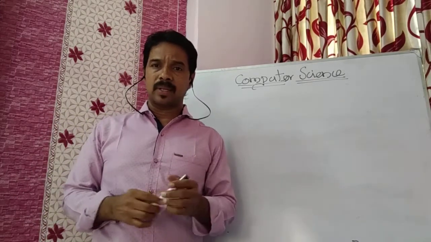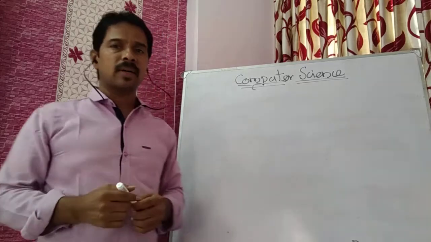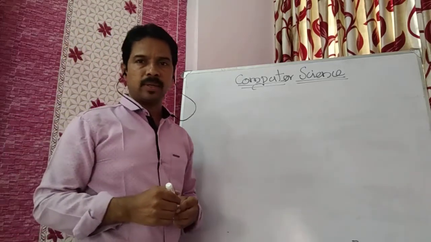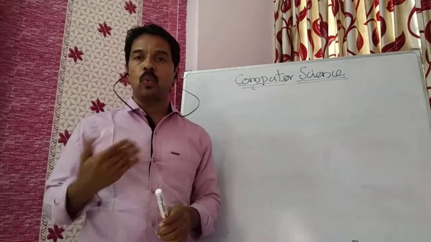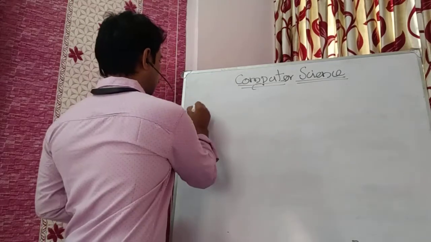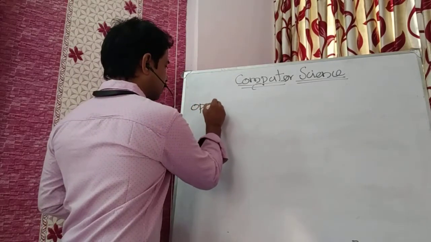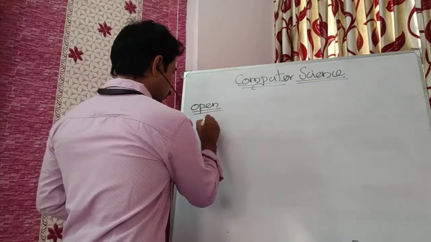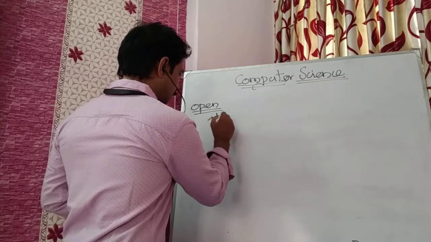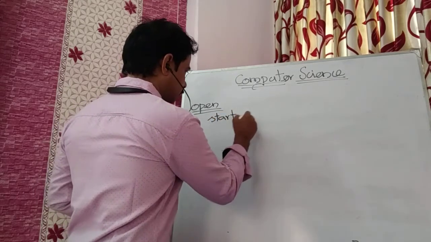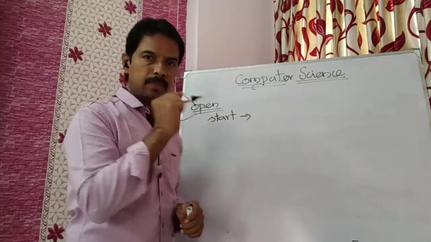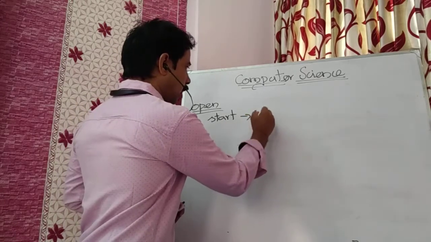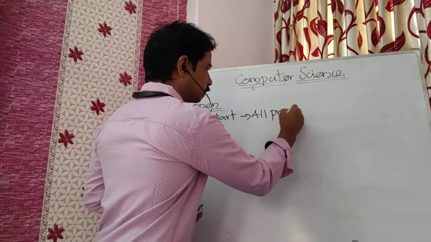After installation, we'll see what are the basic things we are going to see first. First, how to open the software. When you need to open the software after installation, first you select the start button, then all programs.